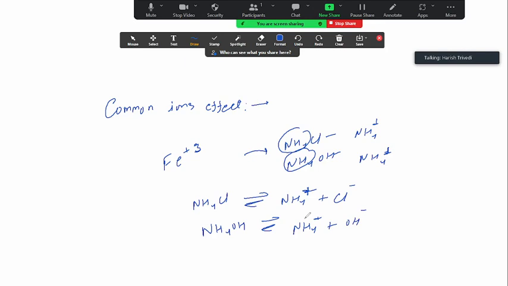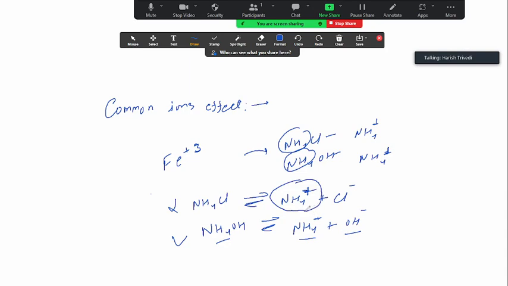So what will happen initially? Suppose initially only ammonium hydroxide is there and ammonium chloride is not. Ammonium hydroxide will dissociate into ammonium and hydroxide ion. But when you add ammonium chloride, this ammonium ion also will be there.